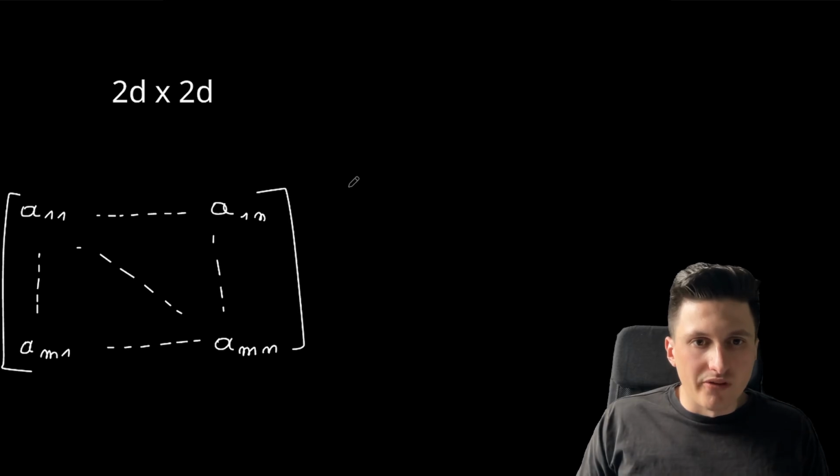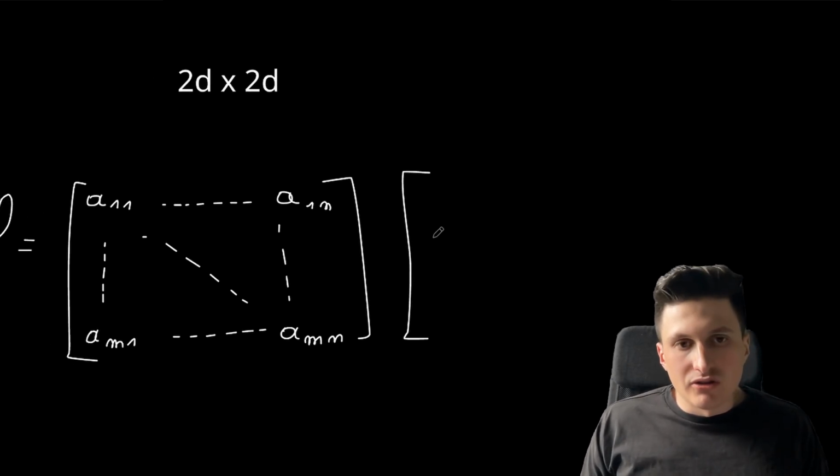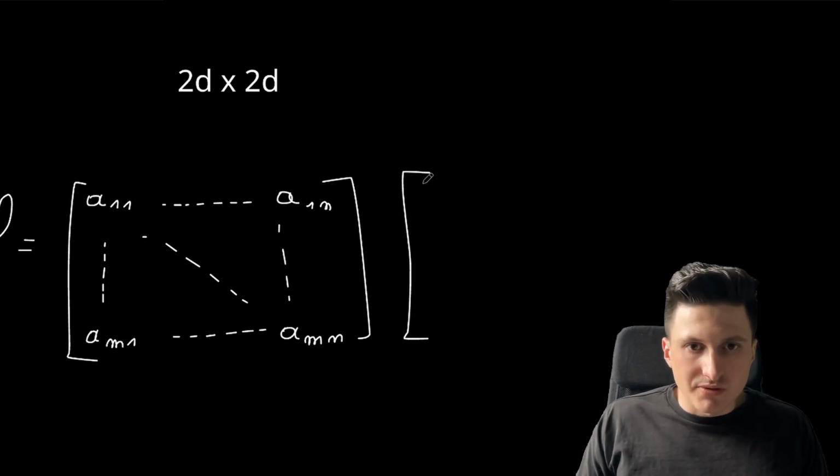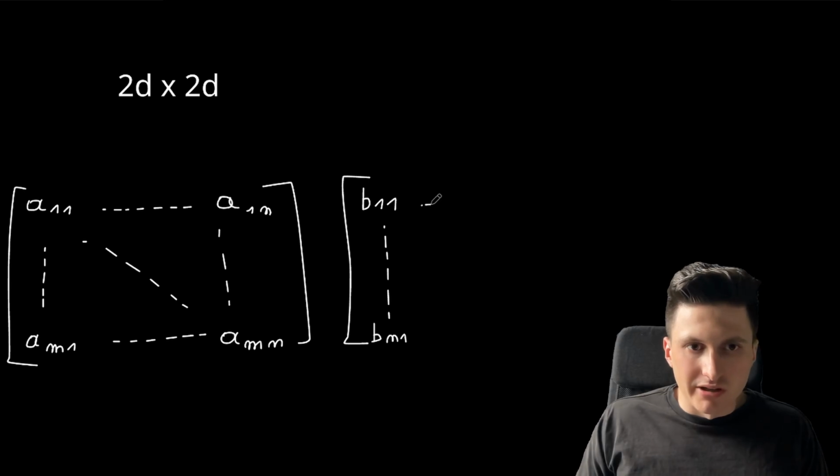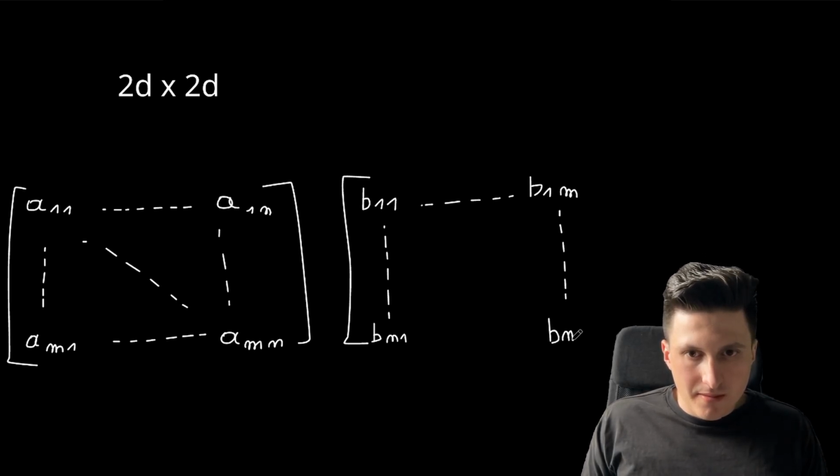What's now important is that the tensor which we are going to multiply it by also has n rows, so B11, this time up to Bn1, and let's also make it have m columns, B1m, Bnm.